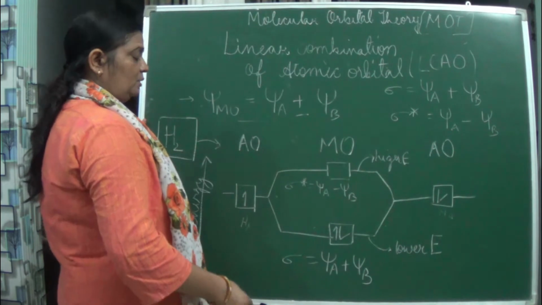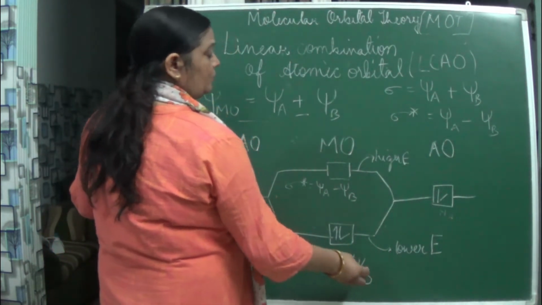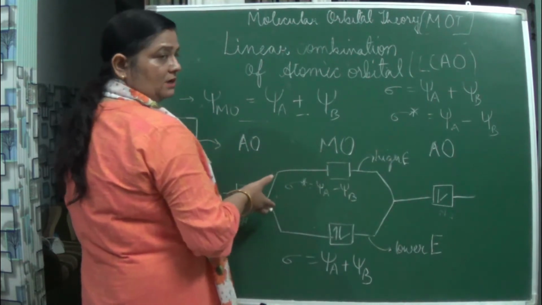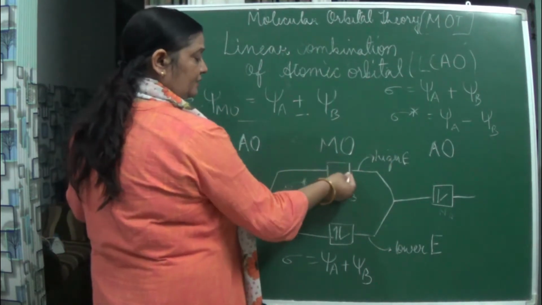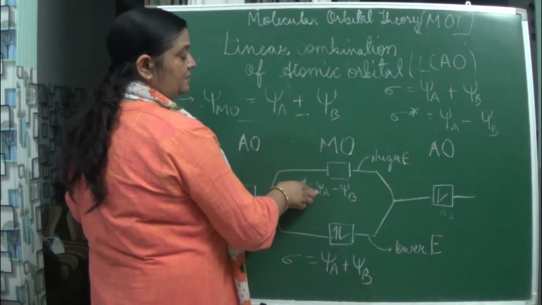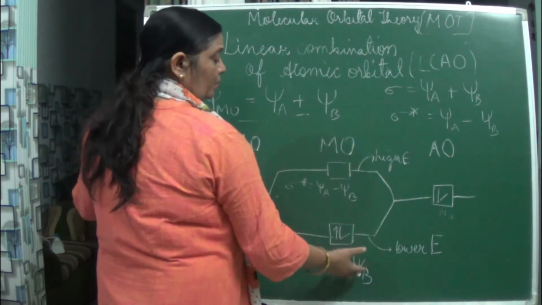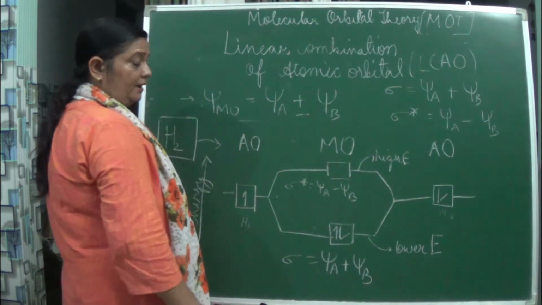This is the bonding orbital, which is psi A plus psi B, and now no electrons are present in the anti-bonding, so here nothing. Here it is represented as psi A minus psi B, isn't it? Here is low energy, and here energy is too high, isn't it?